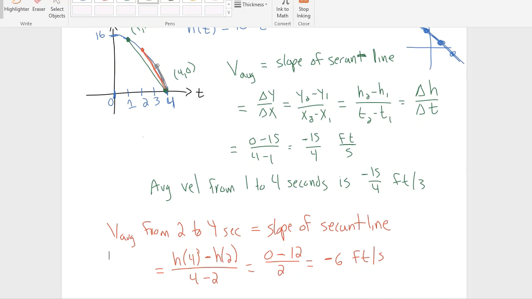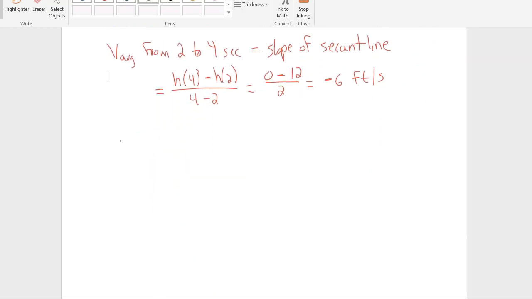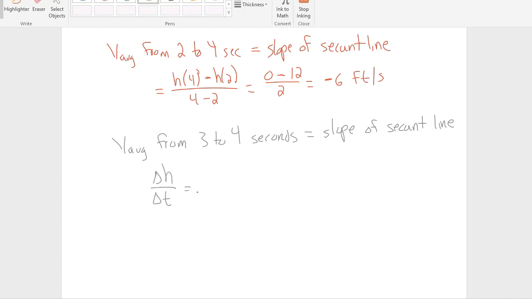All right, so let me scroll down here, and we're going to be finding the average velocity from 3 to 4 seconds. Again, I'll remind us, that's the slope of that secant line that we draw. So we're looking at the change in height over the change in time, and we're looking from 3 to 4 seconds.